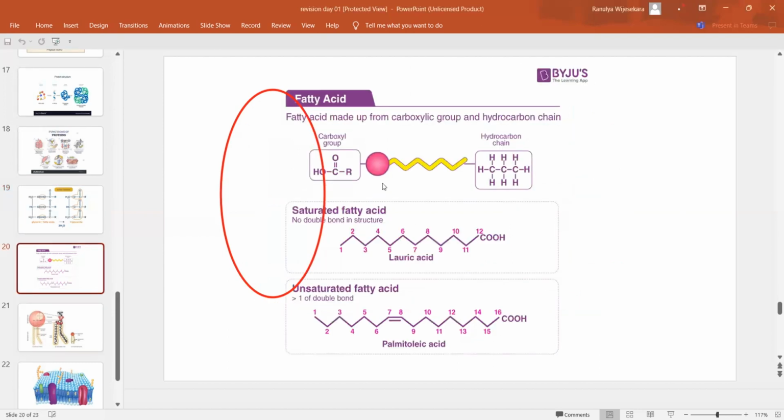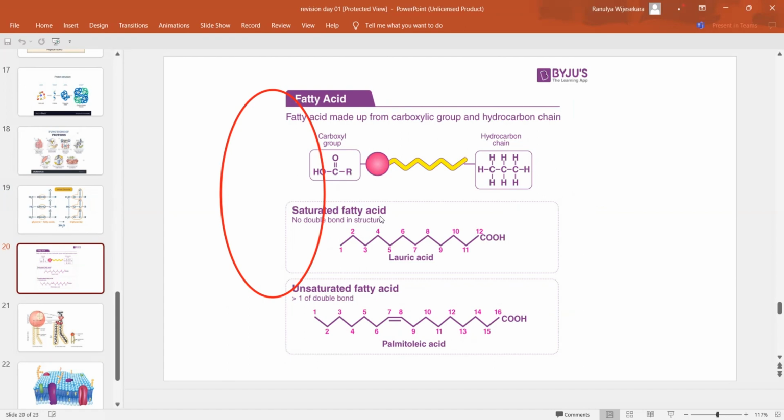මේ බලන්න. එතකොට saturated fat කියන්නේ they are made up of saturated fatty acids. That means in their hydrocarbon chain they do not contain any double bonds. Right? Saturated fatty acids. Normally animal fats are saturated fats. Right?